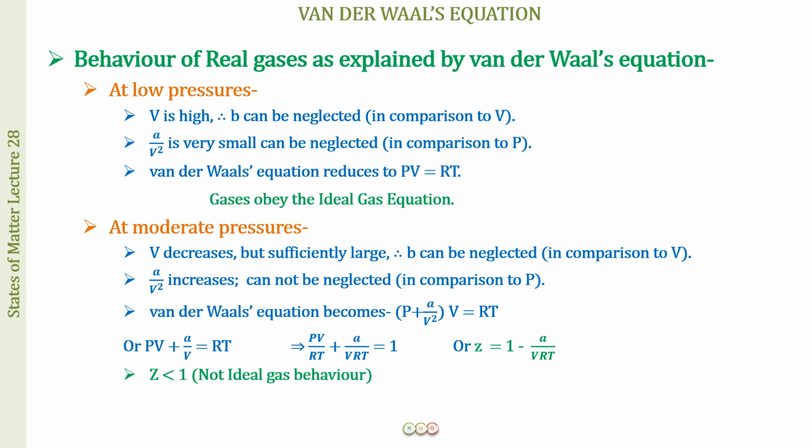Another thing you can see is that if we increase pressure in this range, the volume is going to decrease, and as a result, the whole term a by VRT is going to increase. So the value of Z will decrease with increase in pressure till it reaches a certain minima, and then it will start increasing. That is what we studied in the previous lecture as well.